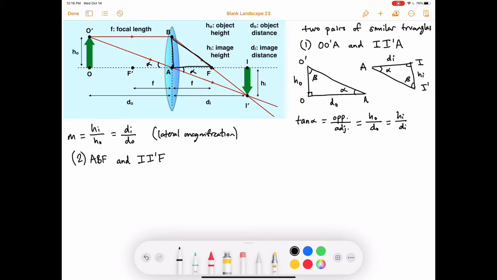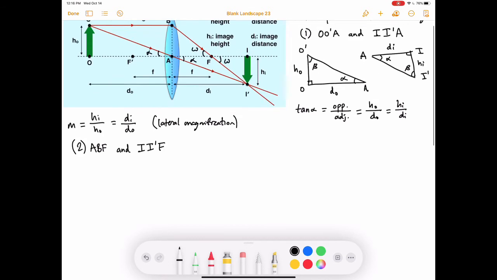And then here's I prime F right there. Those are the two triangles. So there's an angle that's shared by the two triangles, which I'll label right off the bat. Let's call this omega here. And it's the same omega down here.